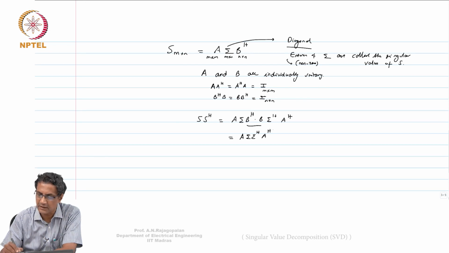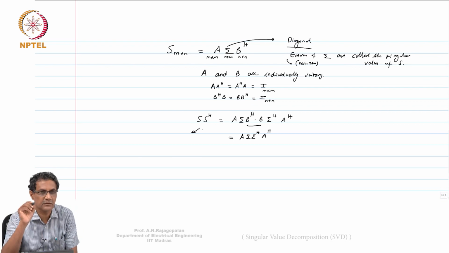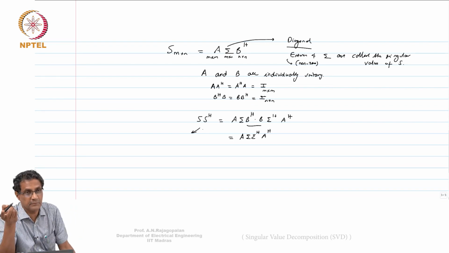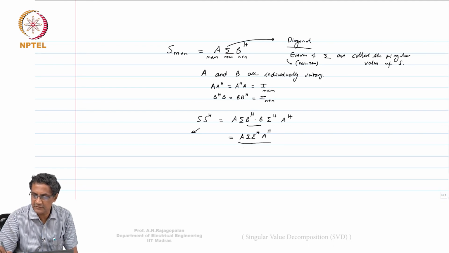Since this matrix is of the form S S Hermitian, it is automatically Hermitian symmetric, and therefore you can look upon this as an eigenvalue eigenvector decomposition of S S Hermitian, which we saw only recently.